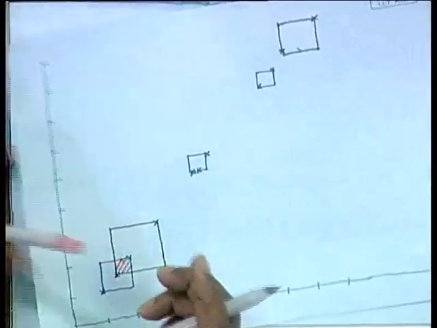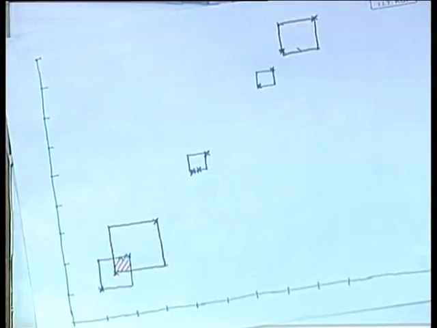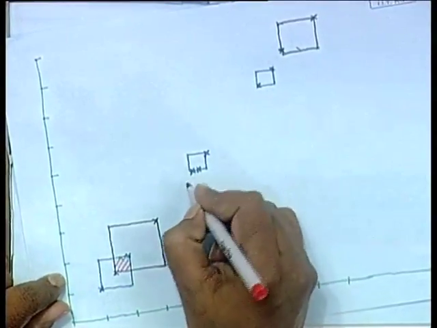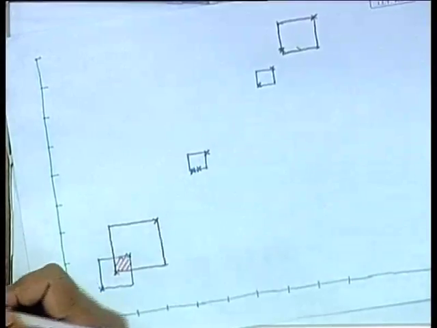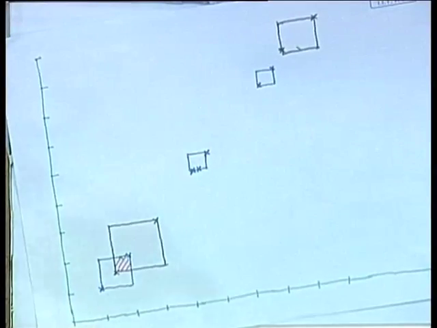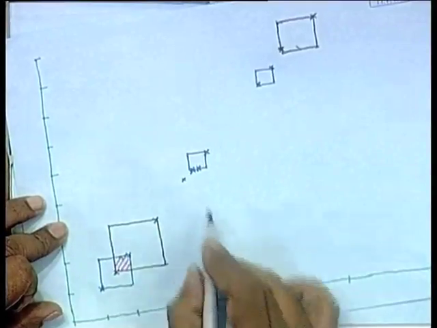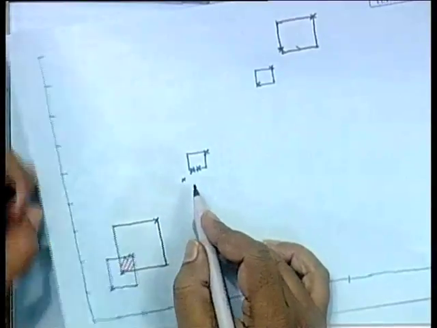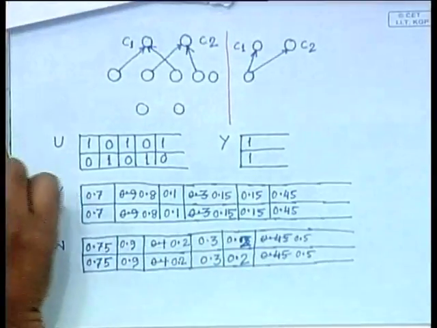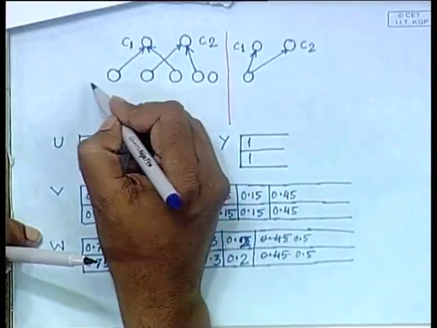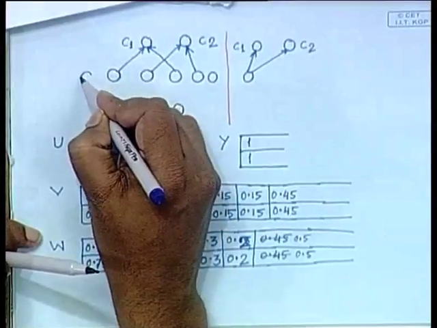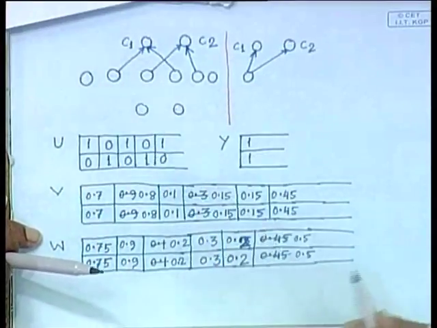Then I take the next point, which is 0.42, 0.42, that will come somewhere over here. Okay. This belongs to class C2. So, for this I have to add one more node, does not matter if I put on this side. Okay.